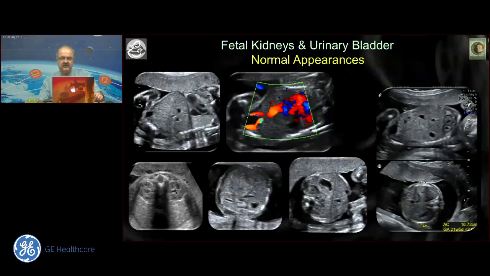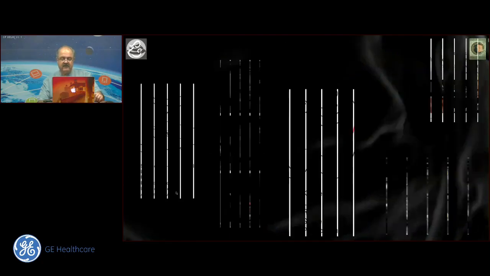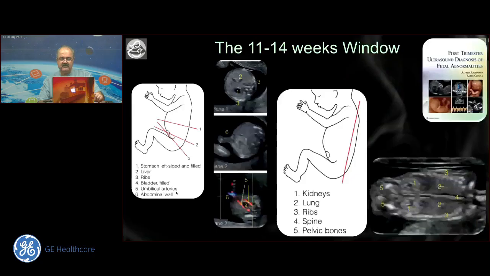Looking at it is possible even in an earlier window, and these are images that I have taken from Ravi Chavi's book because they really illustrate the point well. Now, when we look at the 12-week fetus, we do 3 sections. One here, where we see the stomach and the portal sinus, and we see the spine at the back.